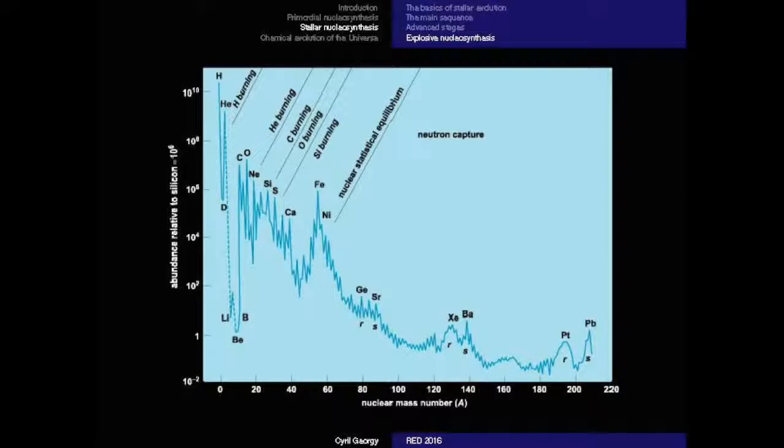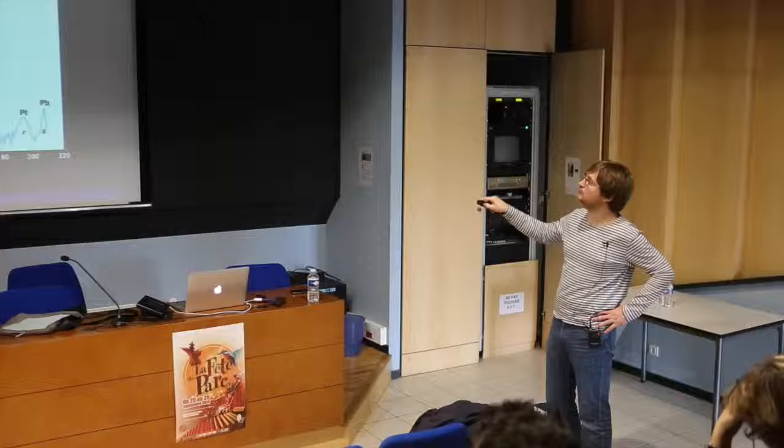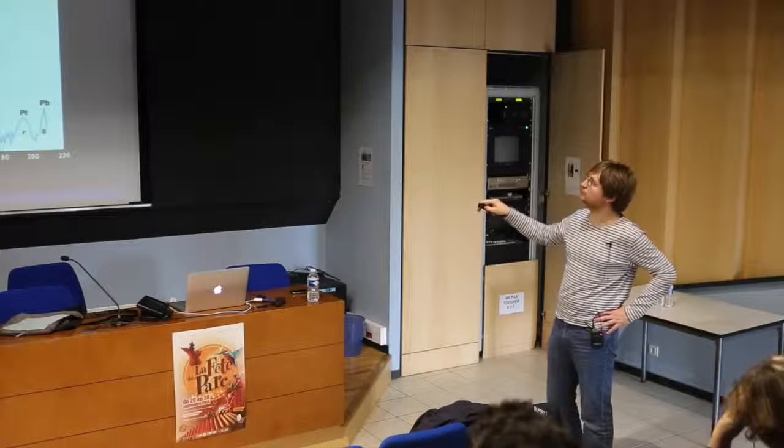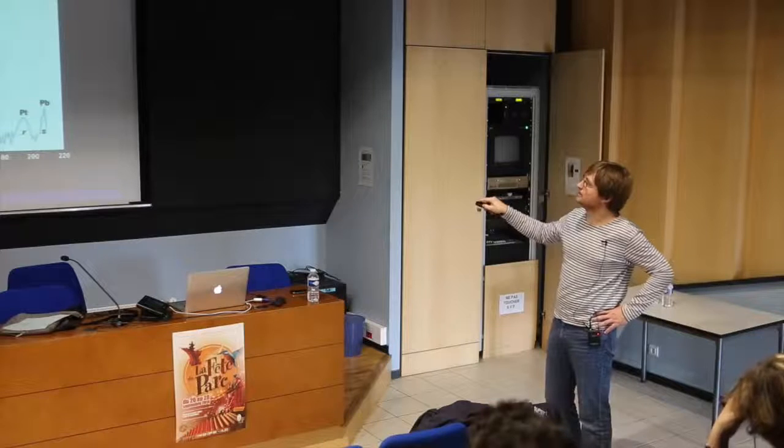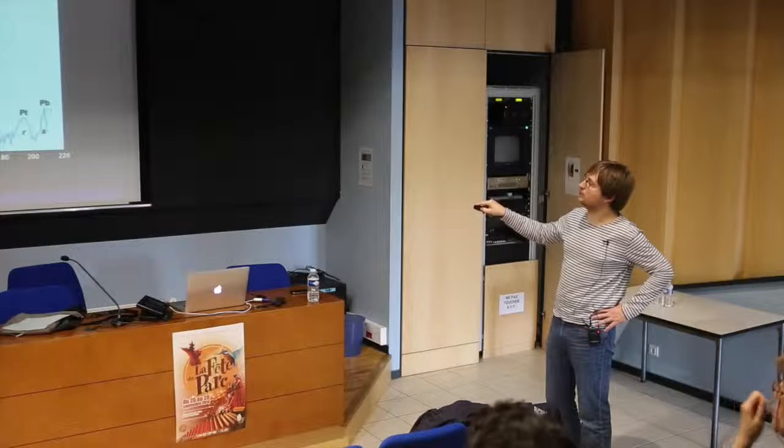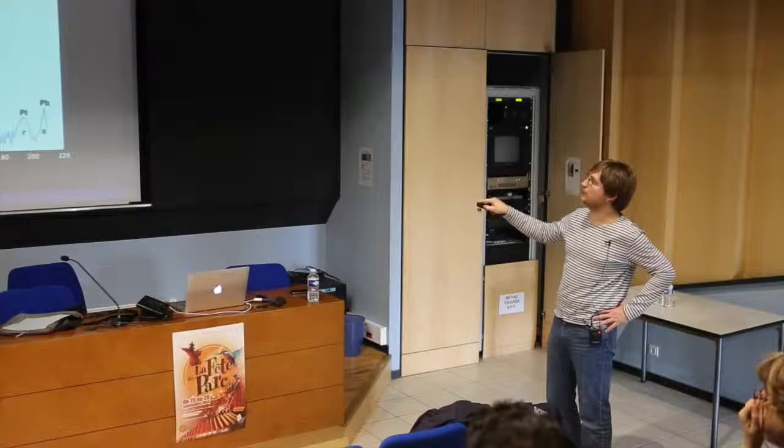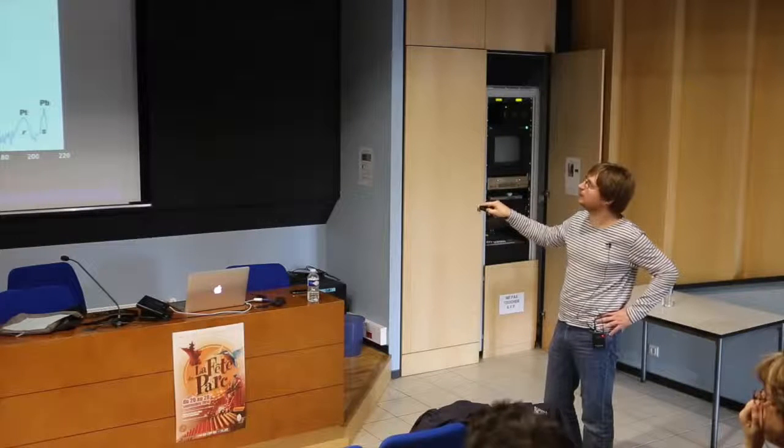Up to helium, it comes from, obviously, helium burning. You can produce carbon, oxygen, neon with helium burning. Then up to here, carbon burning, up to silicon roughly. Oxygen burning can go up to sulfur, for example. Silicon burning is able to build all the elements up to the iron peak and nickel.